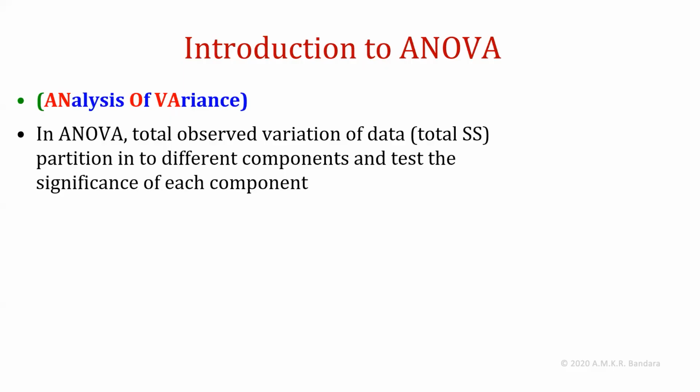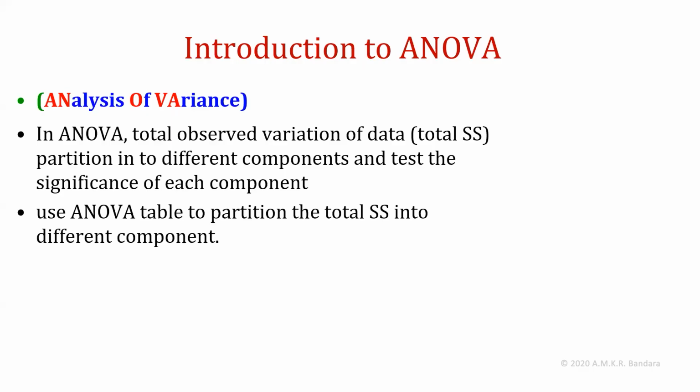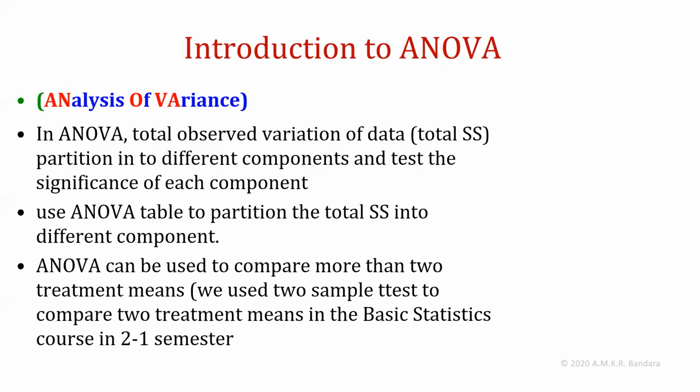Then we can test whether the component from each variable is significant or not. We use the ANOVA table to partition the total sums of square into different components. So ANOVA can be used to compare more than two treatment means.